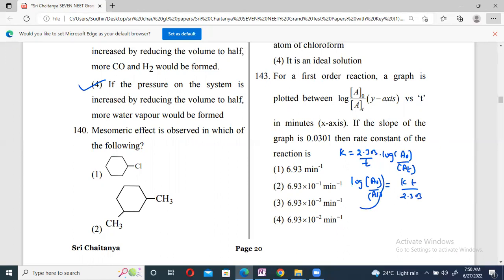One term is on the y-axis and t is on the x-axis, so this should be the slope. So slope is equal to k by 2.303. The slope value is given as 0.301, so k equal to 2.303 into 0.301. The answer is the fourth option, 6.93 into 10 to the power of minus 2 per minute.